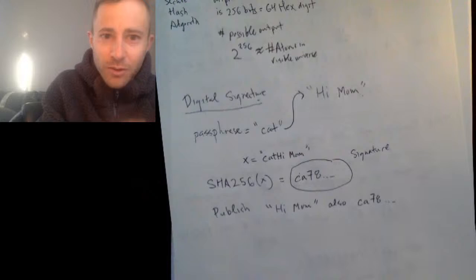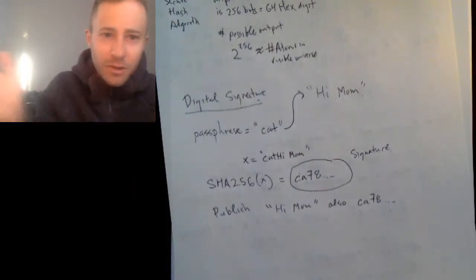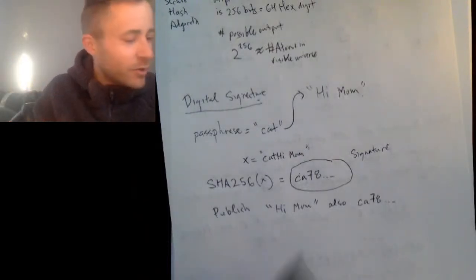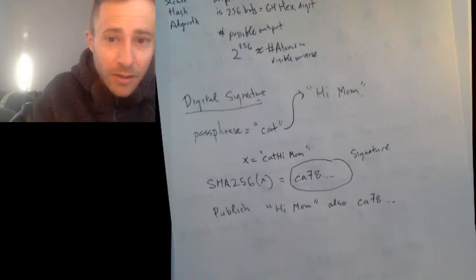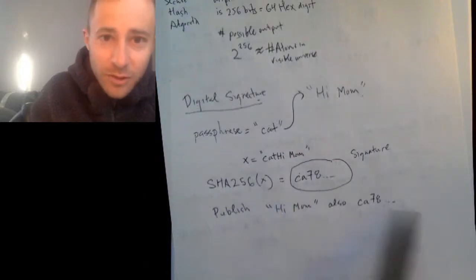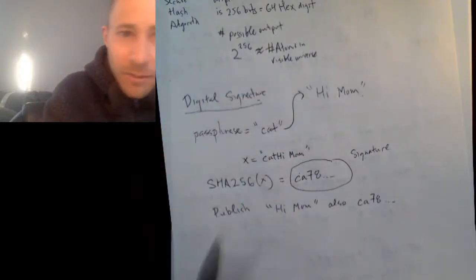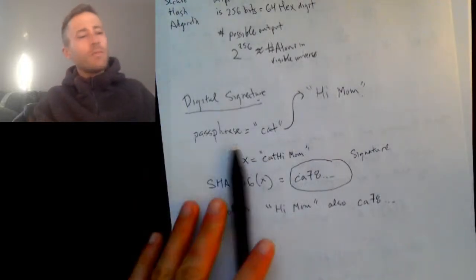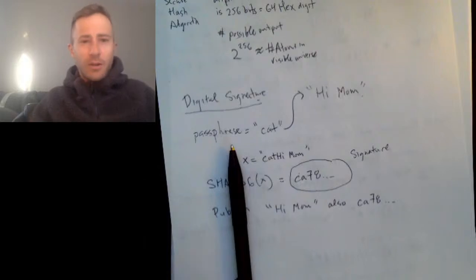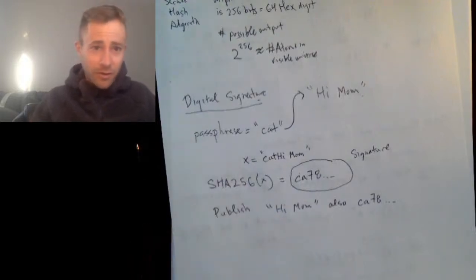The only way you could do it would be to just randomly try a bunch of passphrases until you got the correct signature, which would be extremely labor intensive, okay? Because the number of possible signatures is equal to the number of atoms in the visible universe. All right? So this is how a digital signature works, and I think it's kind of cool.